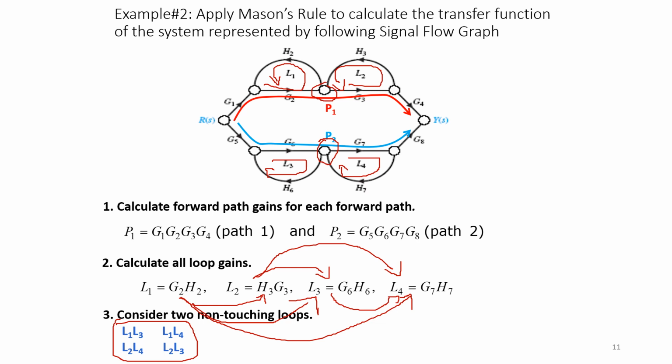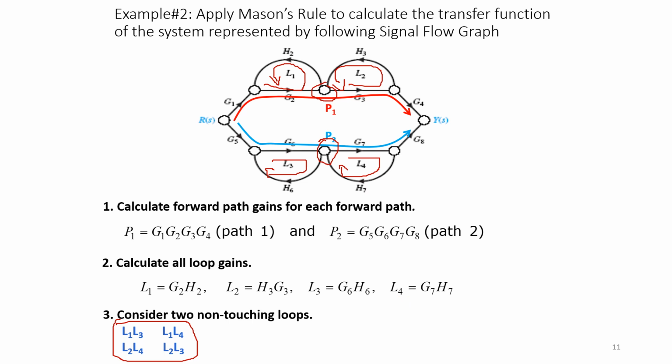Now coming to three non-touching loops. When you are finding the three non-touching loops, you have to take three loops at a time. Now take L1, L2, L3. L1 and L2 touch each other, so I cannot take this. Similarly, now take L1, L3, L4.